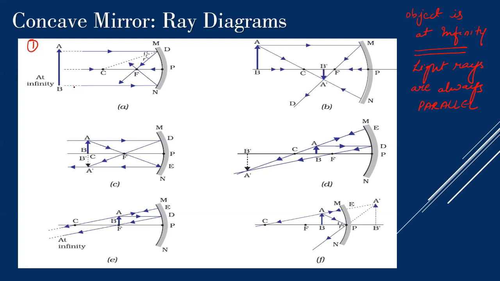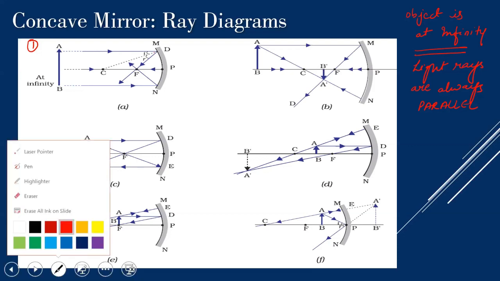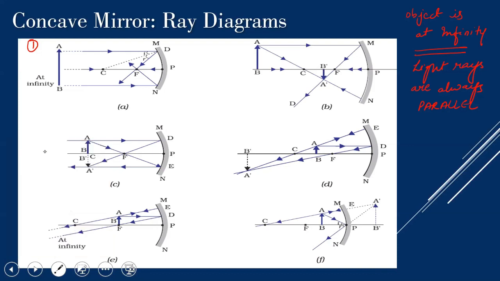Okay, so see, we know light rays are parallel. If you see over here, light rays which are coming from there, they are parallel to the principal axis. And what is the first rule? We did the first rule in the last class. What was the first rule? If incident light rays are parallel to the principal axis, reflected rays are going to pass through focus. Yes, so these are the light rays which are parallel to the principal axis.